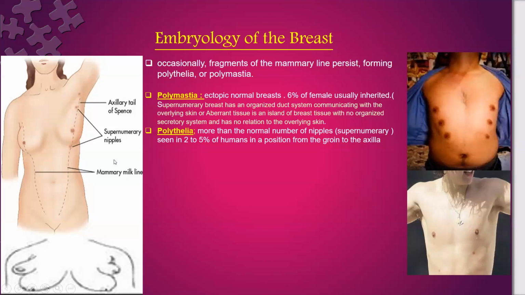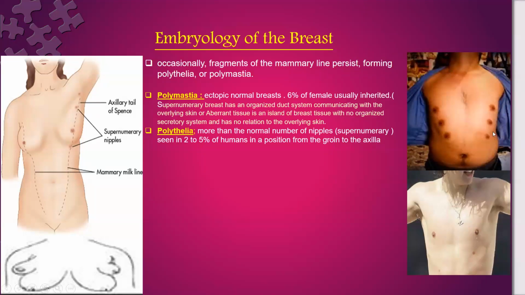And it is not always the whole breast; it is the residual part, or it persists, or it develops at this area of the residual part of the milk line not resolved. If it is not resolved, it can proliferate into breast tissue, either organized, complete breast tissue called supernumerary, or non-organized breast tissue called apparent breast tissue, or no breast tissue but only a nipple, which we call polythelia.